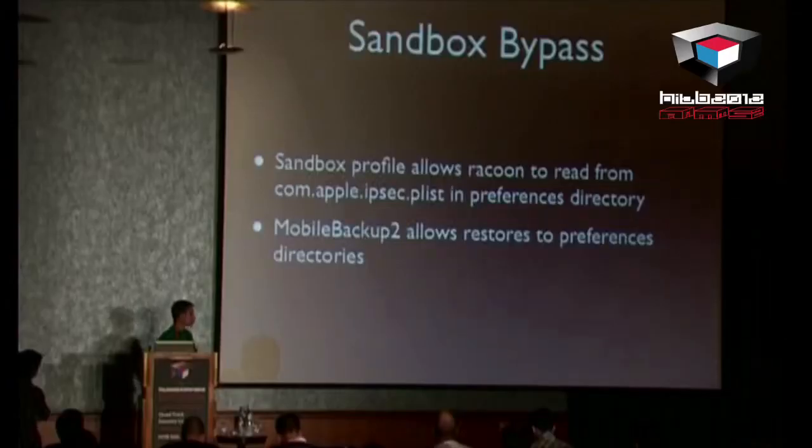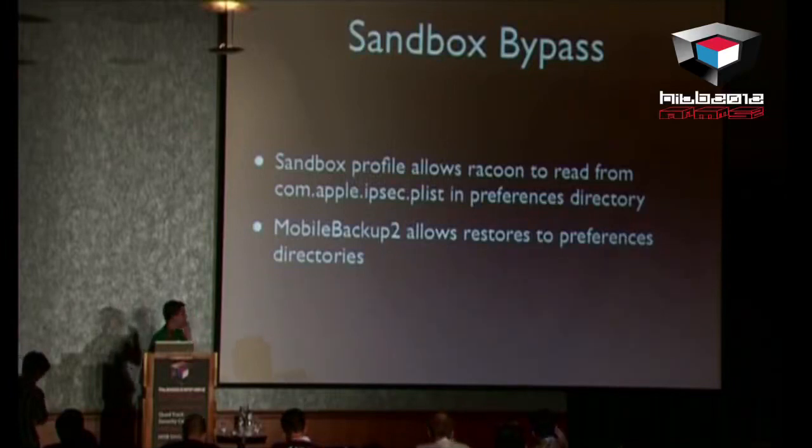Only problem with that is the sandbox profile, which is extremely strict. So there are very few places you can read or write to from within Racoon. So we need to find some place that allows us to upload from off the device, but still allows Racoon to read it based on the sandbox.